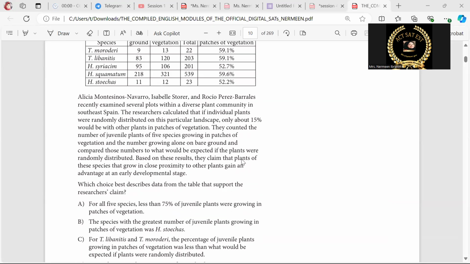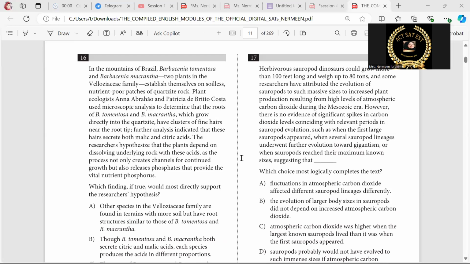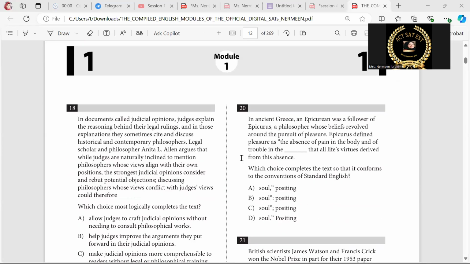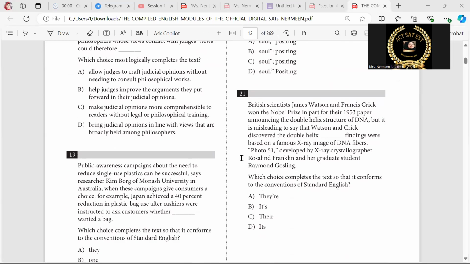If each module has 27 questions, you will start finding the grammar questions after the first 13, 14, 15 questions.